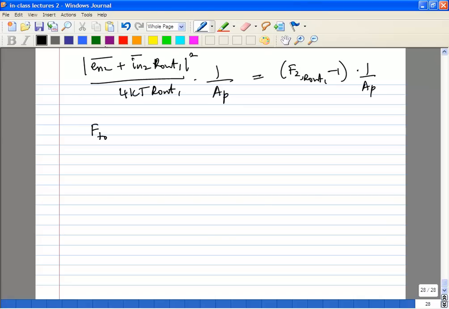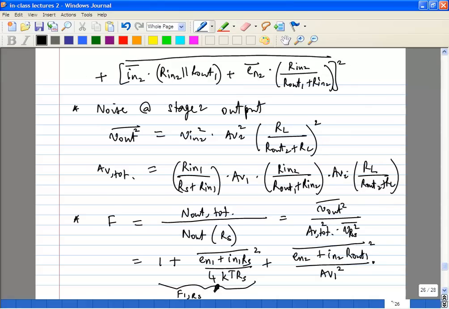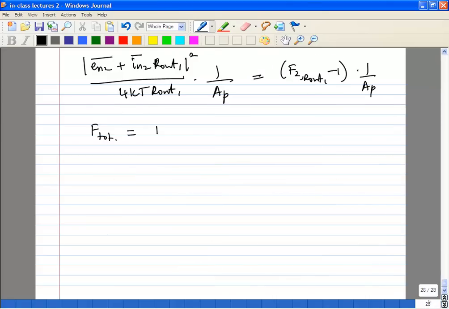So what is the F overall? Let's go back a couple of pages. You had F1 Rs, plus the second term, which we showed is F2 Rout1 minus 1 over AP1. And in general you can extend this to n stages.